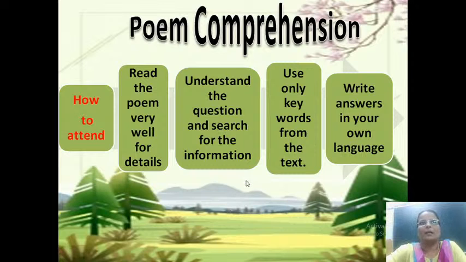Now, the second thing is to understand the question and search for the information. First you have to understand the questions. After understanding the questions, then you search in the poem for the answers. The third thing is to use only keywords from the text.